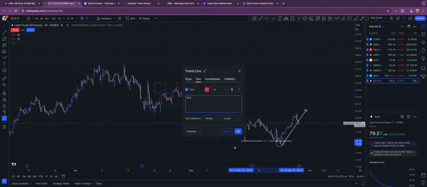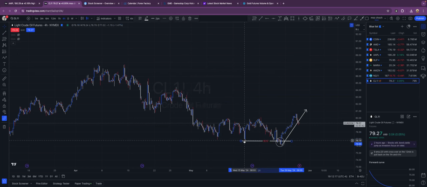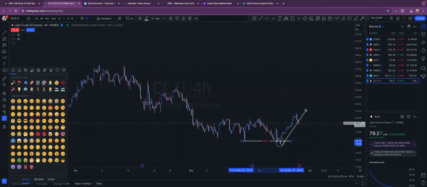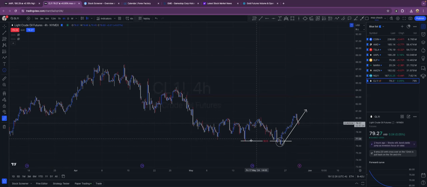Once you had that breaker structure, boom, that was your liquidity sweep right there. The market swept liquidity, which was here. So people's stop losses were sitting here, so that they can go long here.